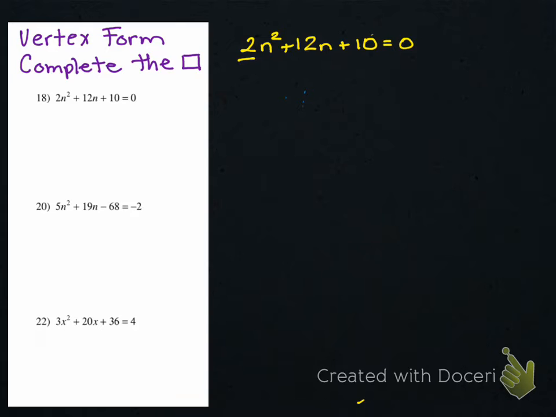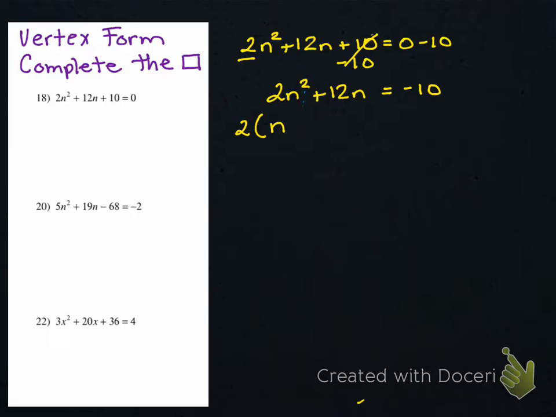But before I do, I am going to move this little constant term out of the way. I want to make this as clean as possible. So I'm going to have my 2n squared plus my 12n equal to a negative 10. And now I'm going to factor that 2 off so that I can proceed.